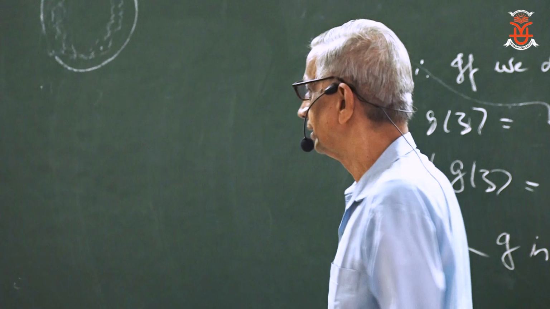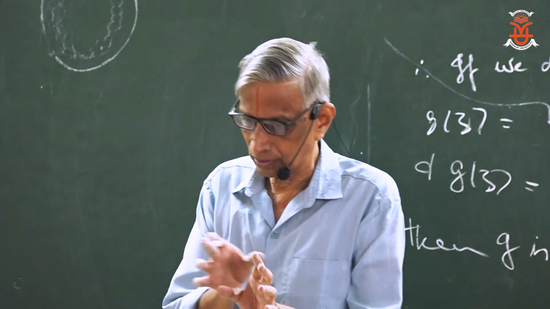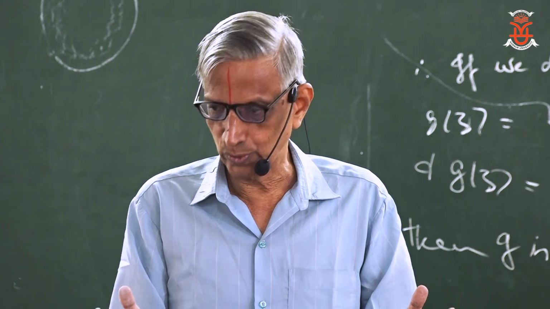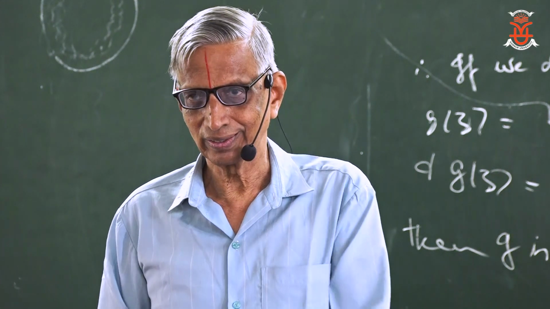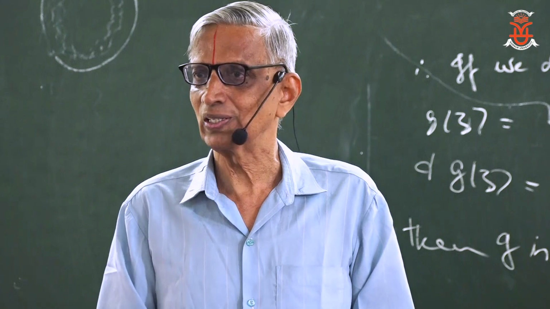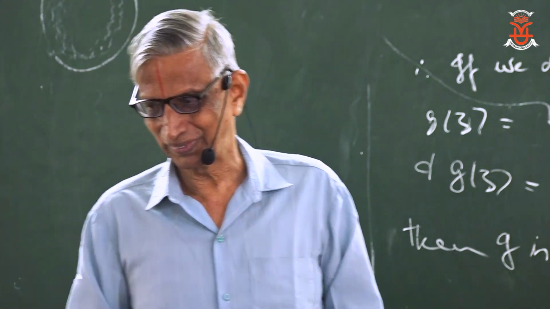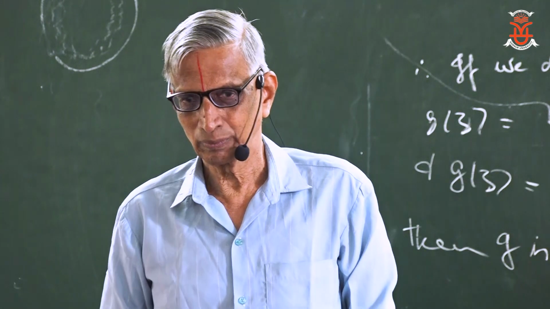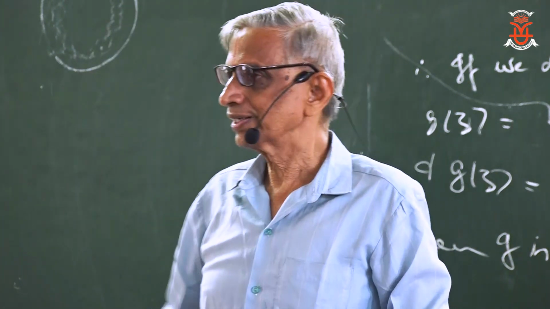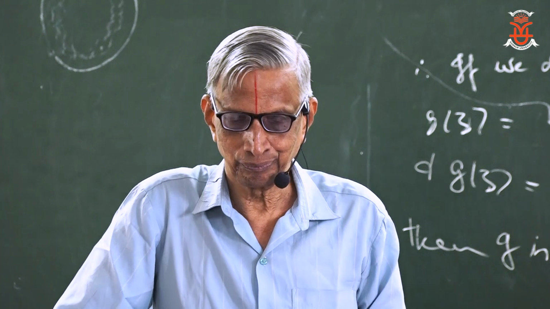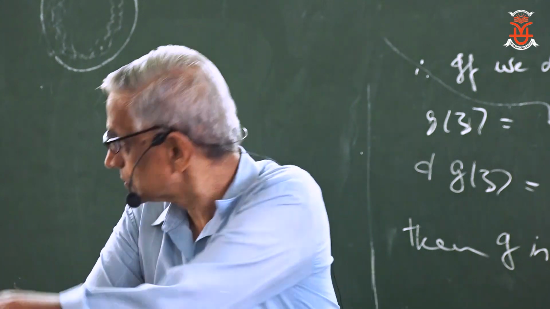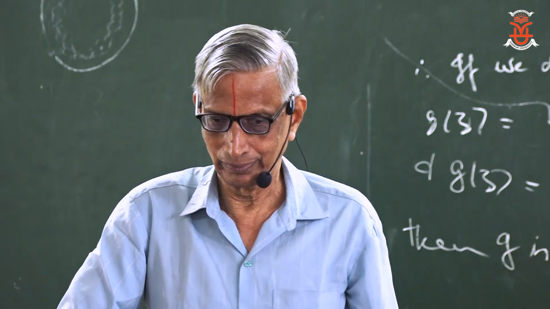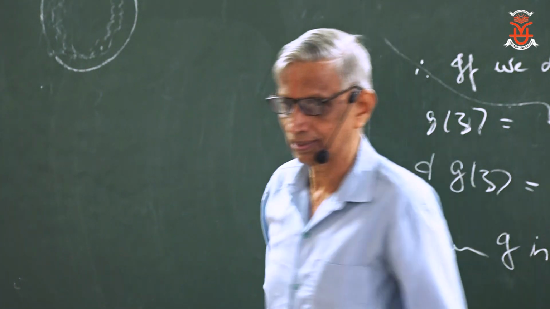Just like any continuous map from a closed interval to itself has a fixed point. That's the easy consequence of the intermediate value theorem. So this is true in any dimension. In dimension 2, you can use winding numbers to prove this. Of course, this is true in higher dimensions also, but the proofs are more technical.